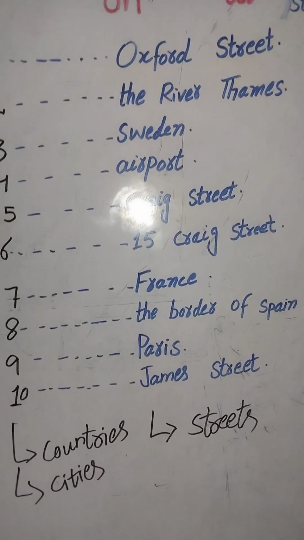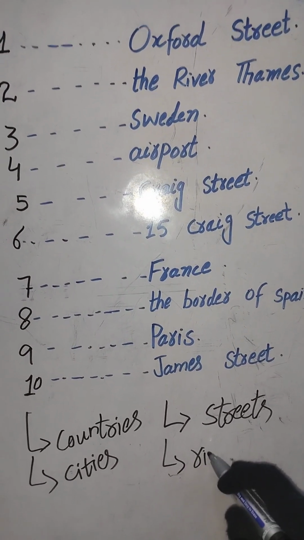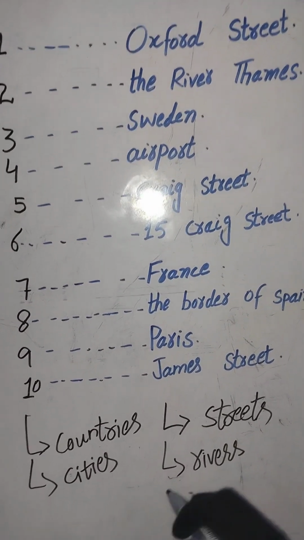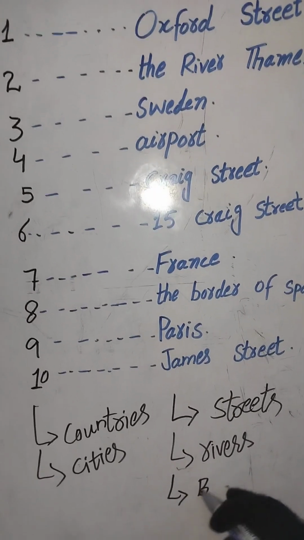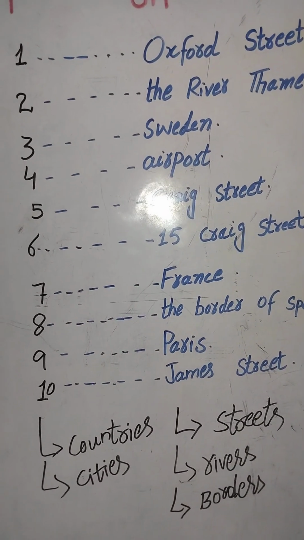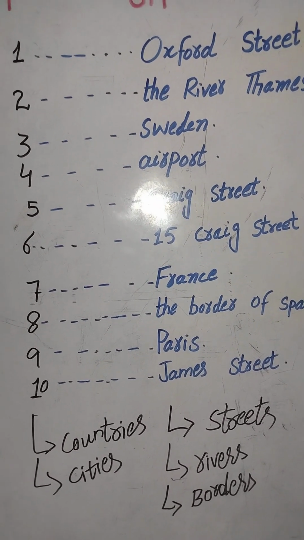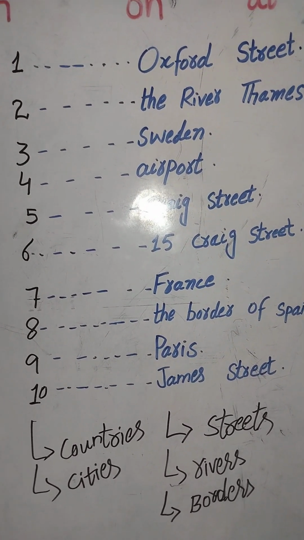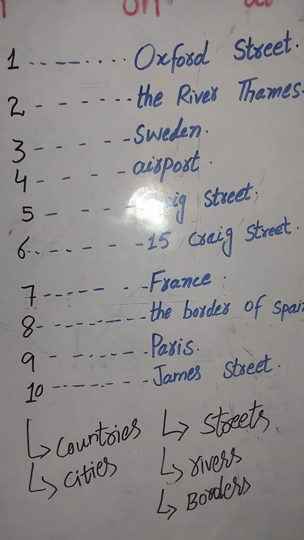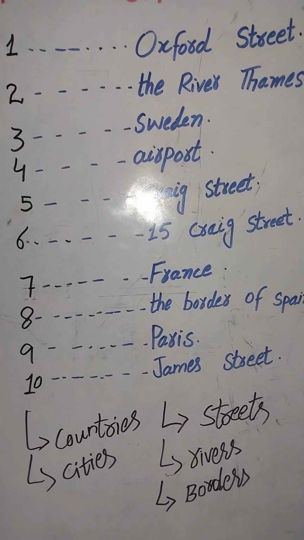Also we use on for rivers, or if you have borders, islands. Where at is used for addresses, for exact location, exact position, or specific buildings and places.